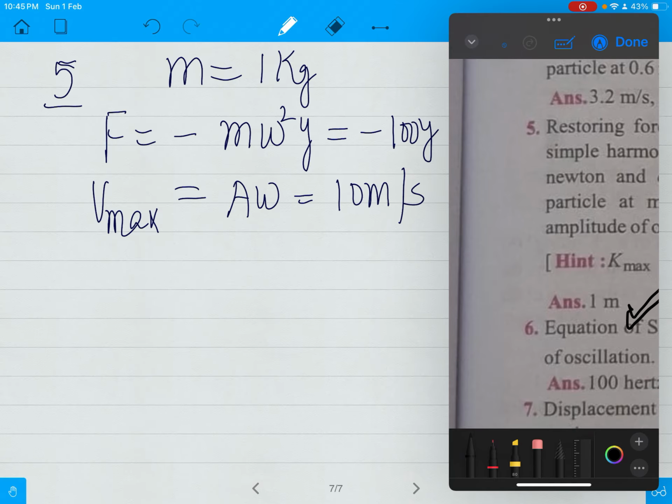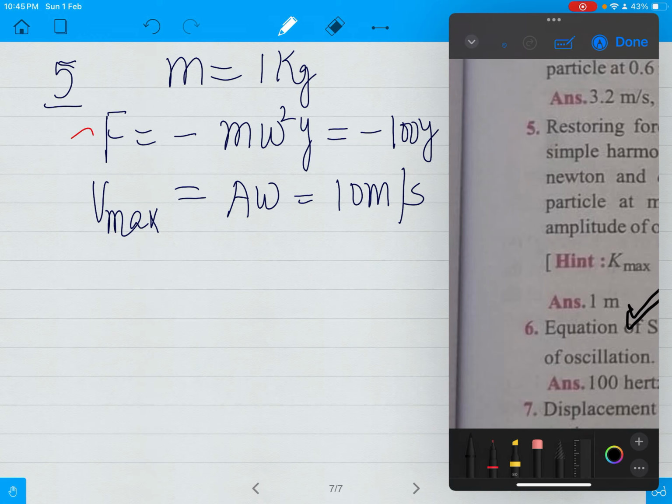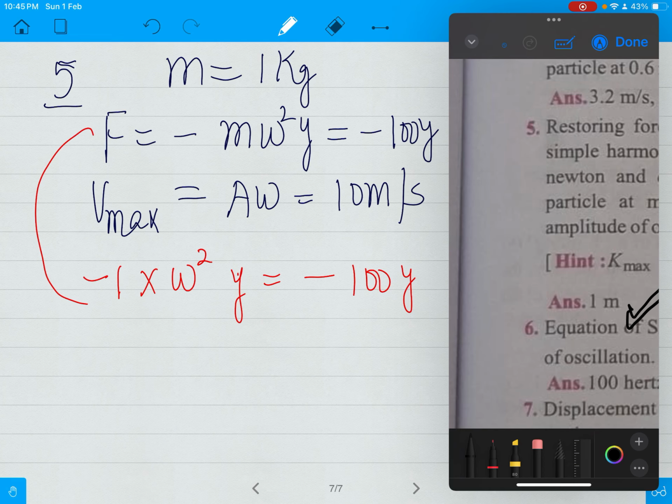Now you have to solve. So see here, by using this, what is m? m is 1, omega square into y equals minus 100y. Here in the formula it is minus.